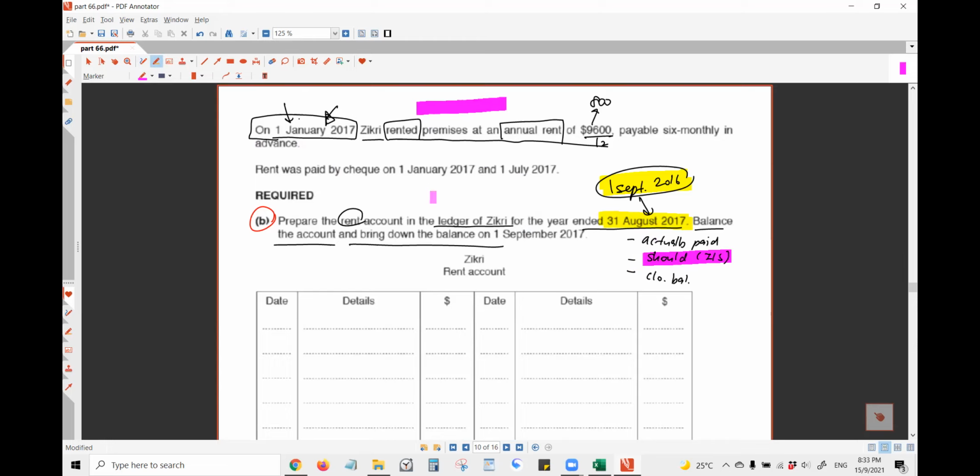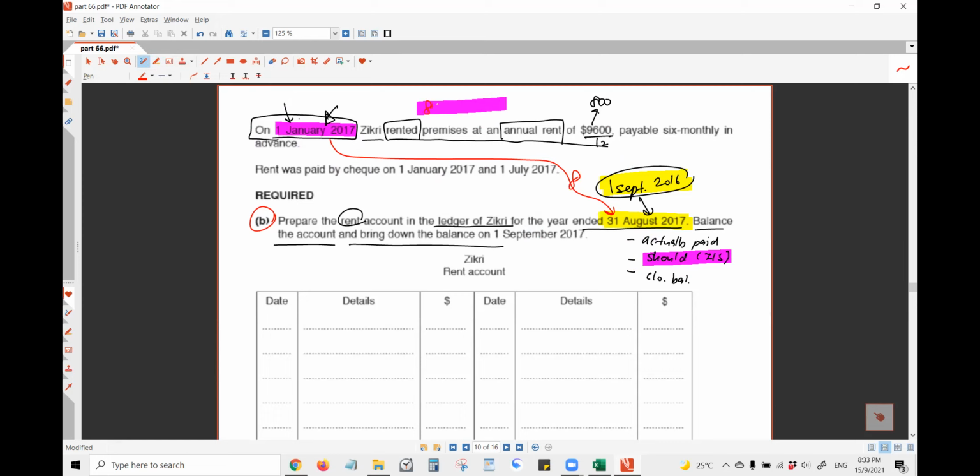How to know? Look at the dates. The first month of renting is January. From 1st January all the way until the year end, how many months are there? 8, right? January to August, 8 months. That's how we can find the amount Decree is responsible to pay.